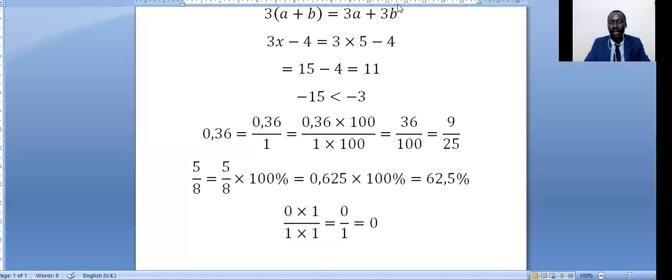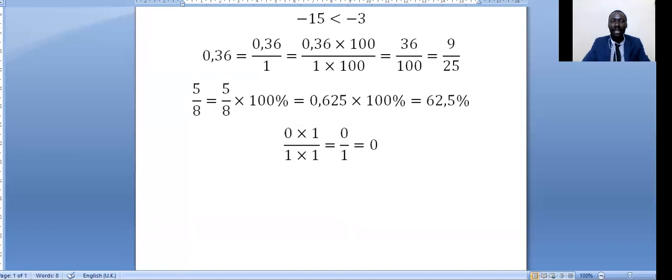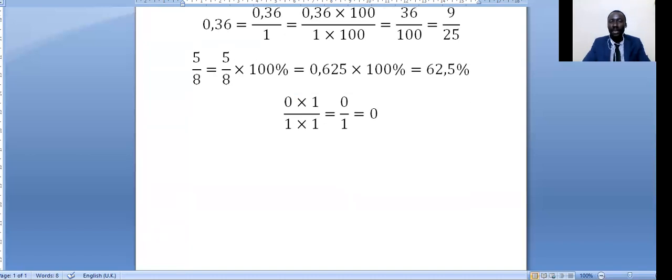Notice that there is a difference between this and what you would have got if the numerator in this case was the denominator. Suppose that we were having something else like this. Let's say you were having 1 times 1 for the numerator. Then for the denominator, you had 0 times 1.